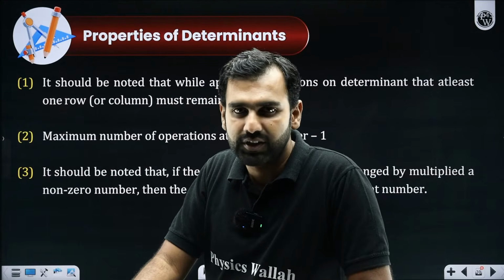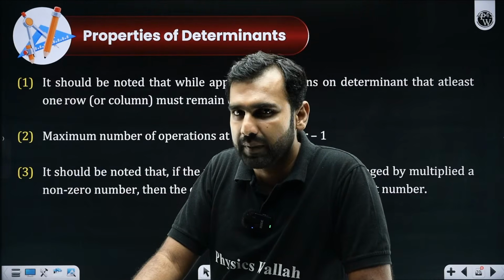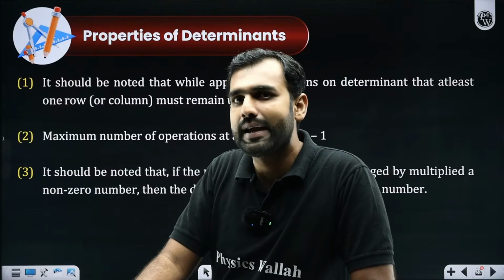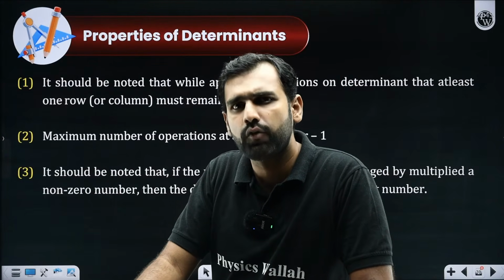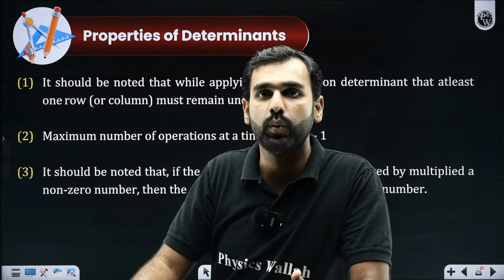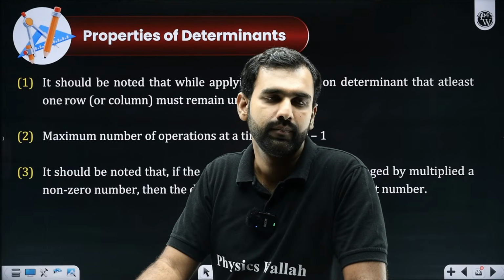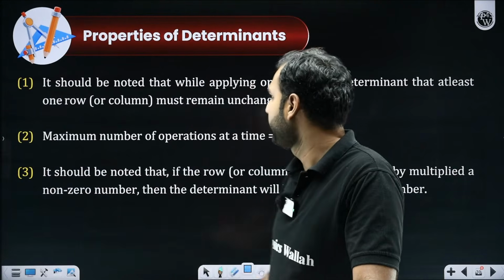I hope you got this statement. Let's say it is a 3 by 3 determinant. For a 3 by 3, at a time, the maximum number of operations you can perform should be 2 only, 3 minus 1, 1 less than the number of rows or columns. Got my point, everyone?